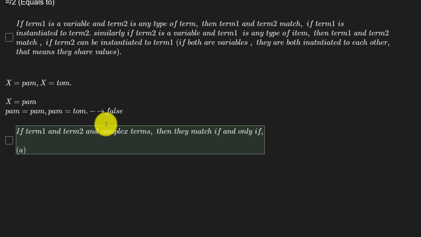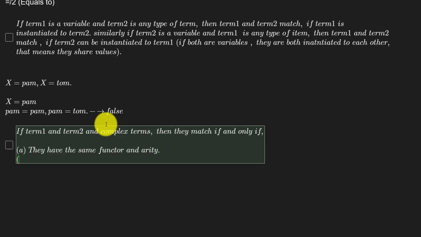If and only if they have the same functor and the arity, this is the first requirement. They have the same functor and arity. I have defined what is functor and arity in my previous video. Okay, so that's the first requirement.